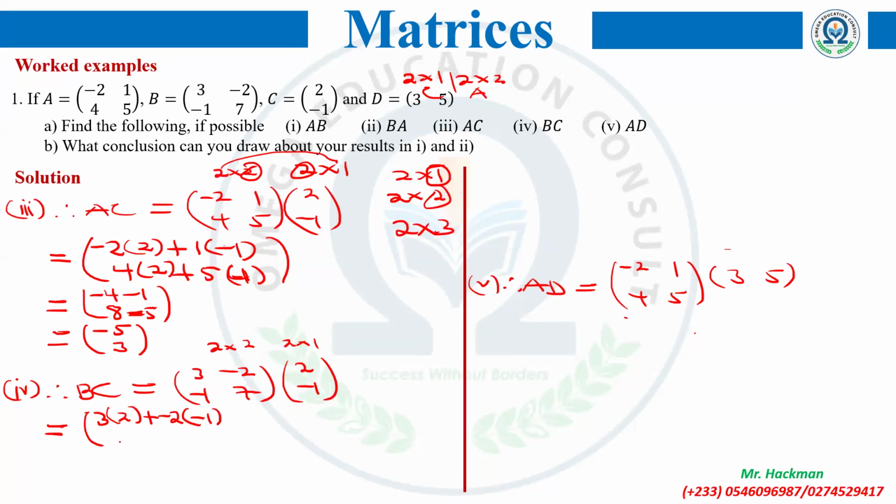Then you come down. Then -1 into 2, very good. Then 7 into 9. Then plus 7 into -1. Very good.